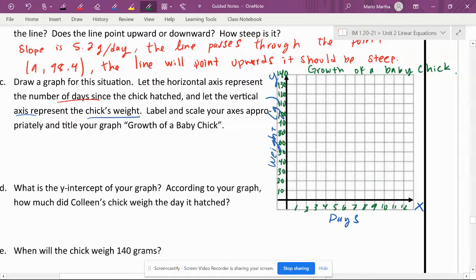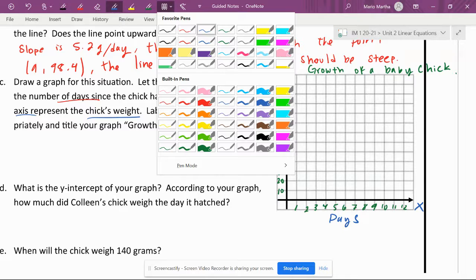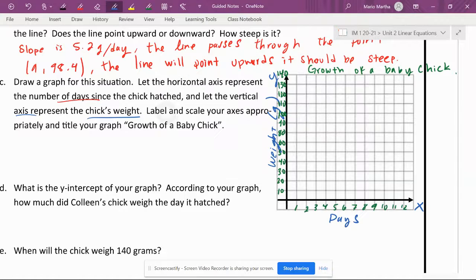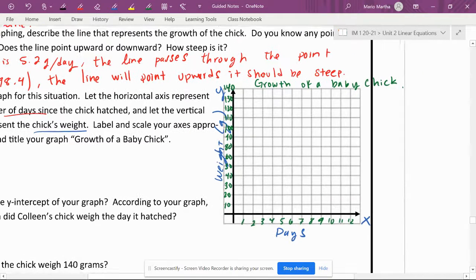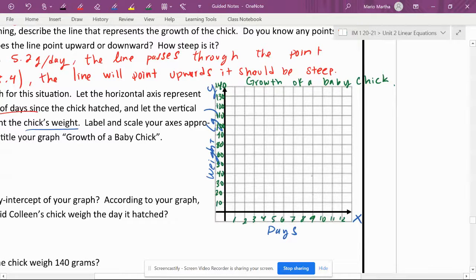So we want to draw a graph. We know a point, which in this case happens to be 9 comma 98.4. So 9, and then we go up to 98.4, which is going to be about right there. And then if we continue to go up 5, that's going to be 103.6.